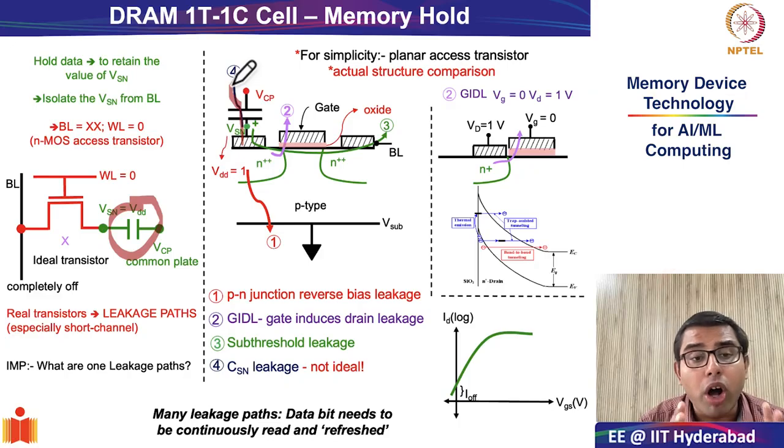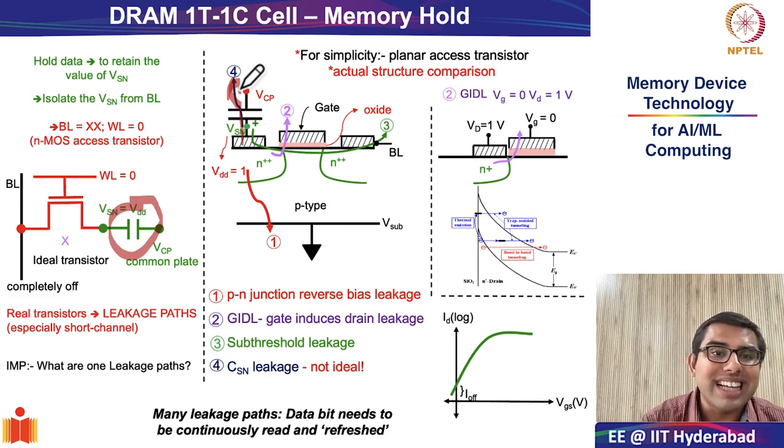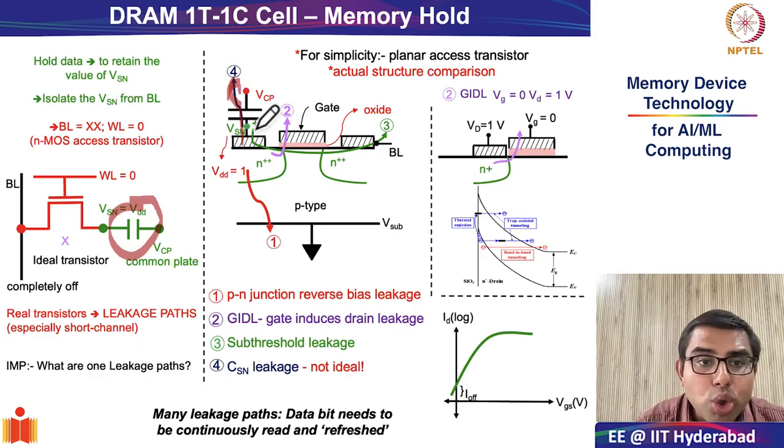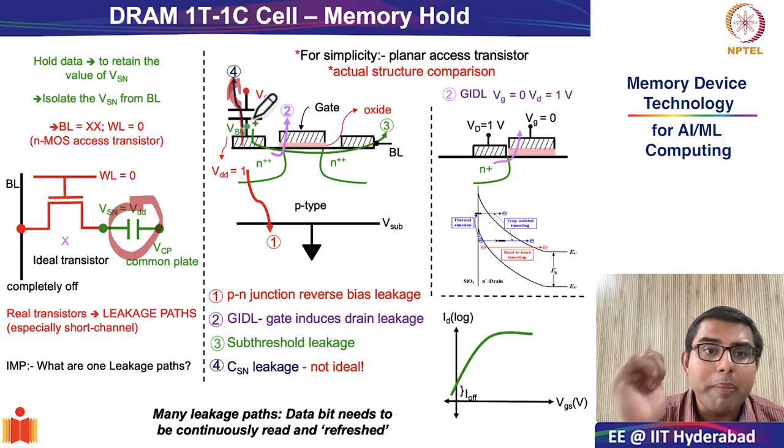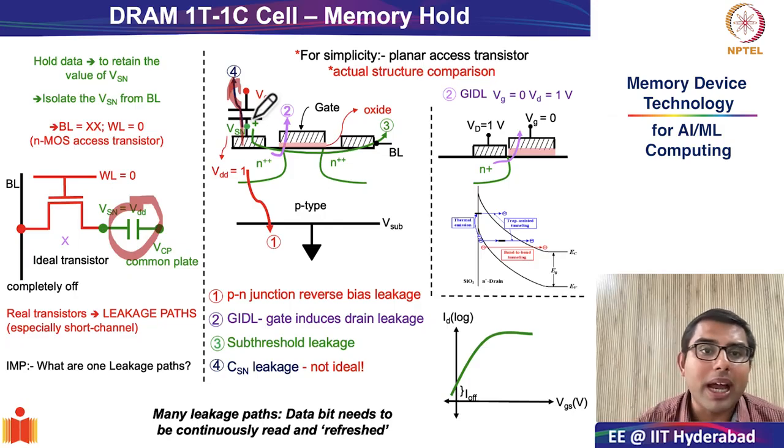So this forms the fourth most important aspect, as I have marked over here, which results in the leakage of the charges from the storage node through the oxide, or insulator, of the parallel capacitor into the VCP.